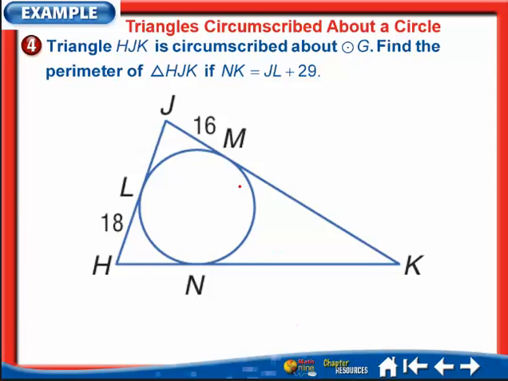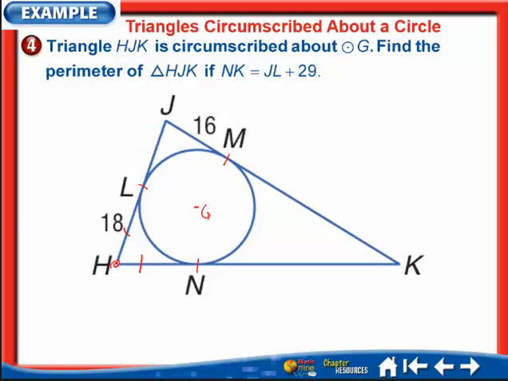Here's another one. Triangle HJK is circumscribed, drawn around circle G. So we could have a G here. Find the perimeter. Okay, well, if it's circumscribed, that means it's touching at one point in all of these intersections. So all of these lines are tangents. So we need to find the two that are coming from the same external point.